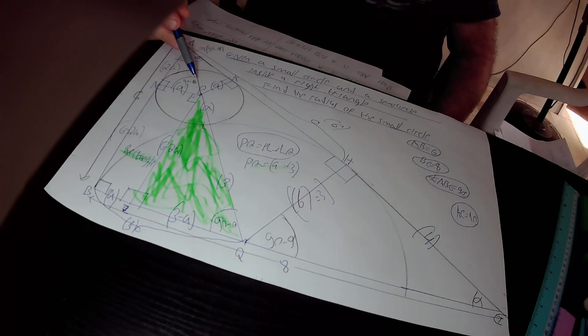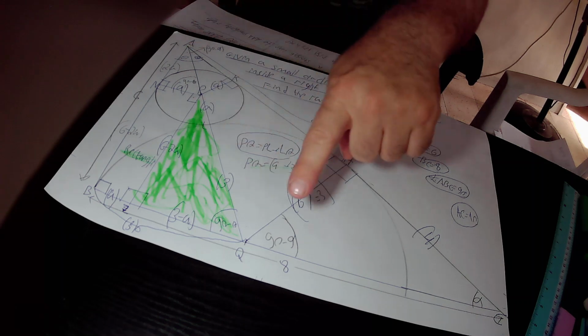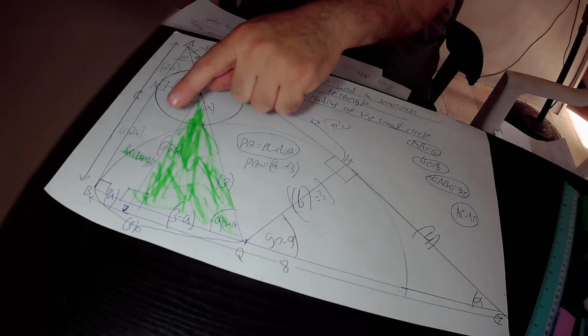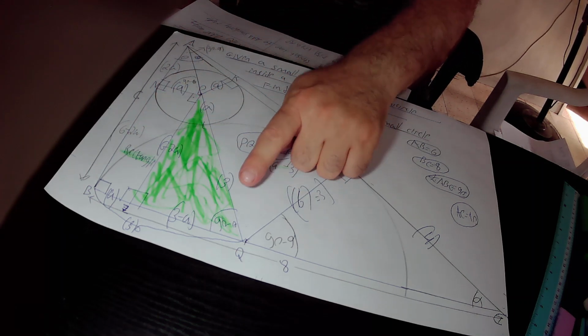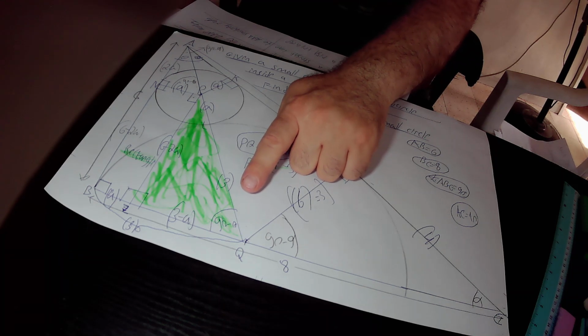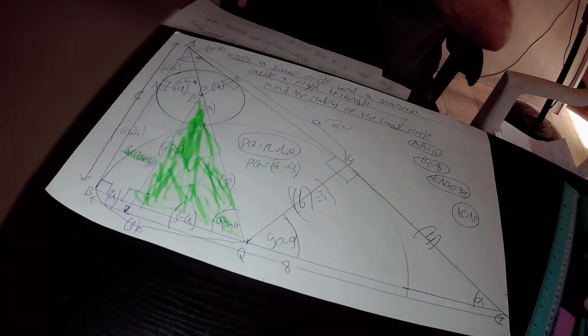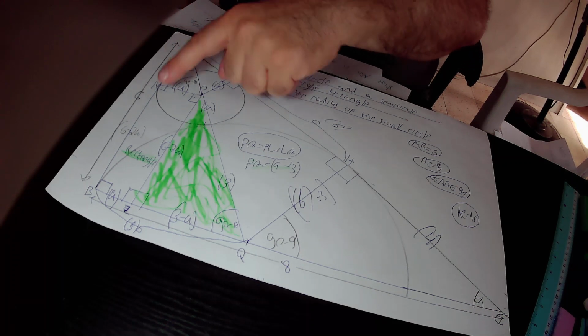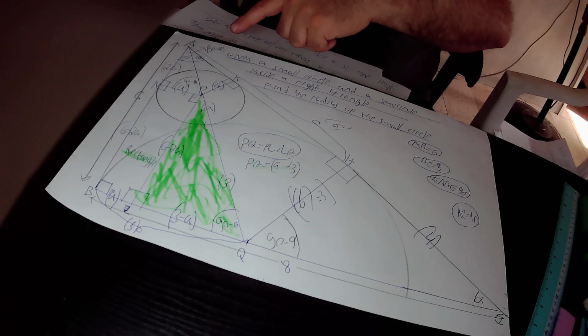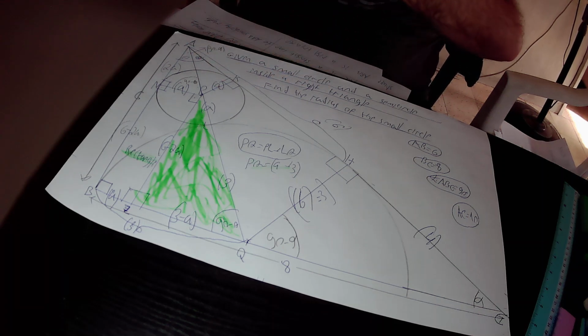Likewise, the angle bisector PA of the same angle A bisects angle A into 2 halves, each equal to theta. So in the right triangle ABQ, this angle equals theta, this angle equals 90 degrees. Therefore, this angle must be equal to 90 degrees minus theta. Actually, angle theta is a common angle that belongs to both triangles. Angle theta belongs to the big right triangle ABQ, and angle theta also belongs to the small right triangle ANP.